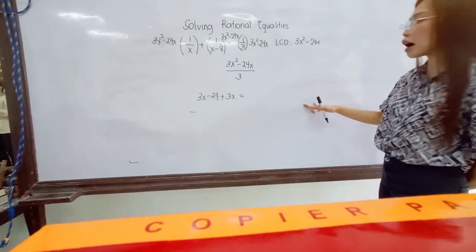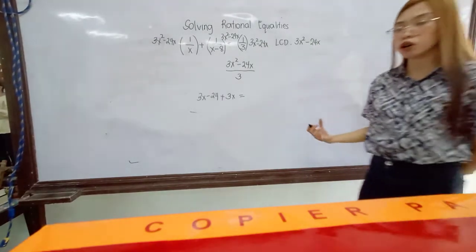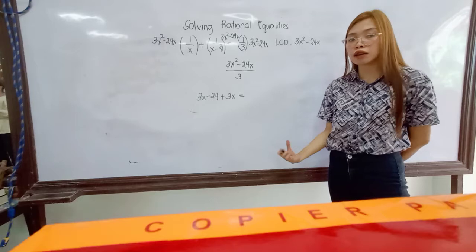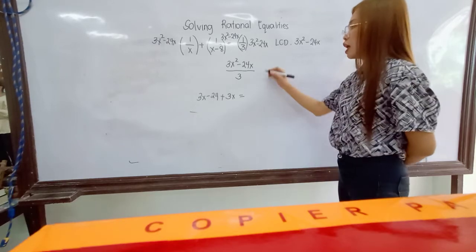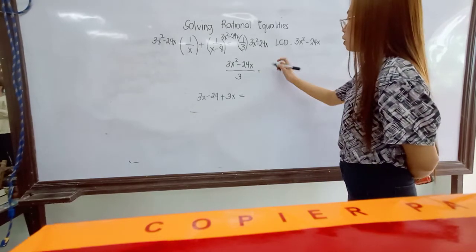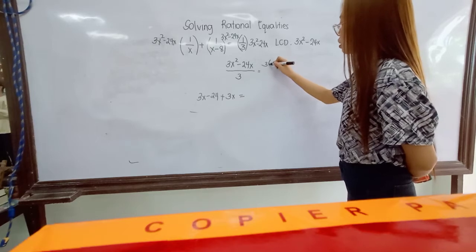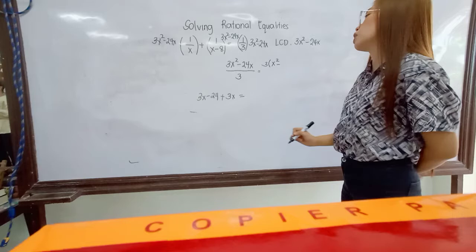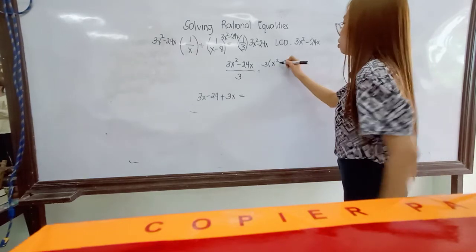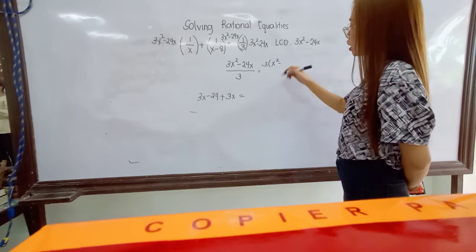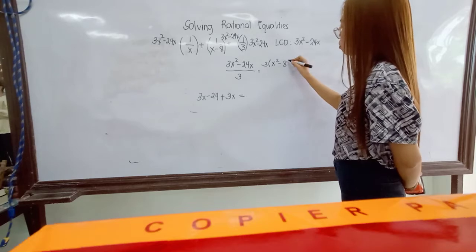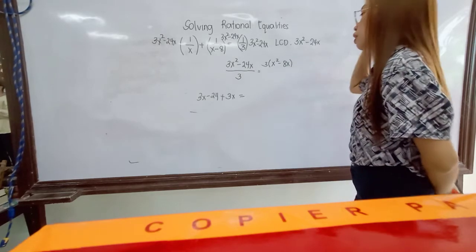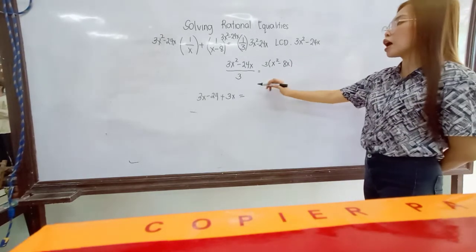So let's factor out and observe if there is something again we can cancel out. So factor out natin si 3. Labas natin si 3. And then x squared minus 8x.